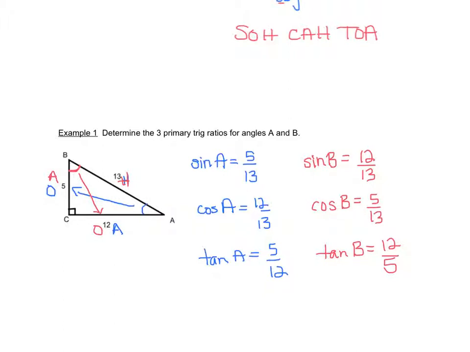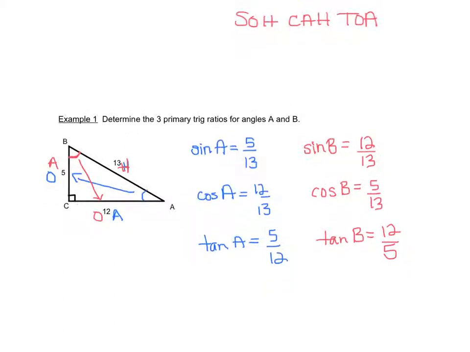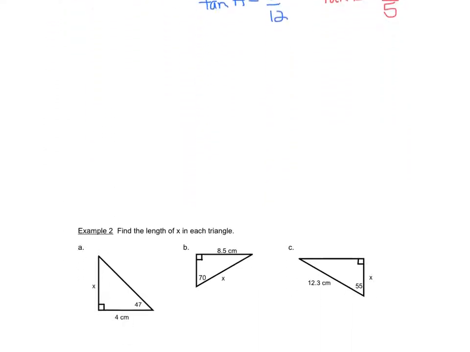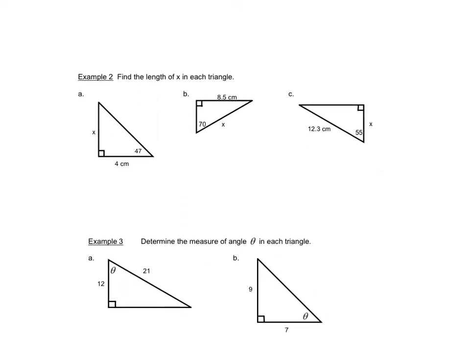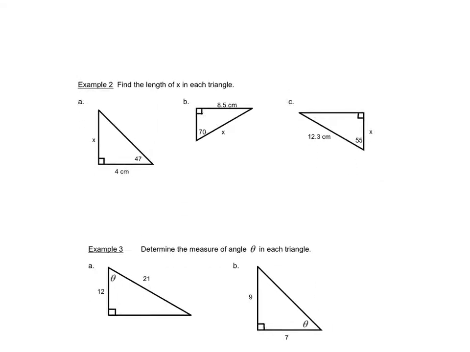Okay, so now we're going to go through some examples of using the primary trig ratios to find the lengths of missing sides, and then a couple of examples of finding a missing angle in a right triangle. When we're solving a question like 2a, we were asked to find the length of side x right here.